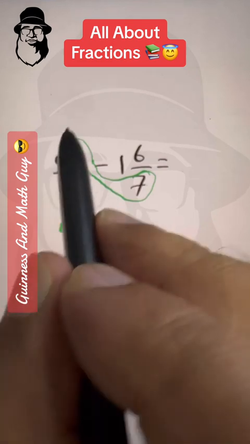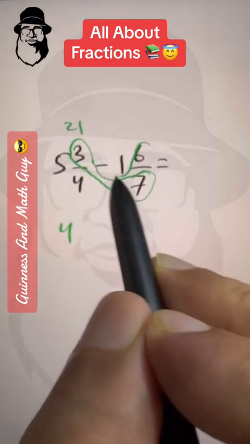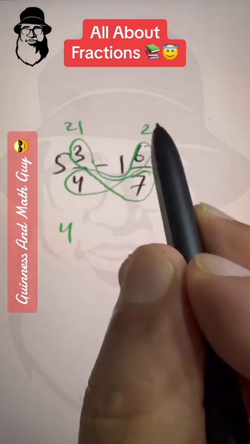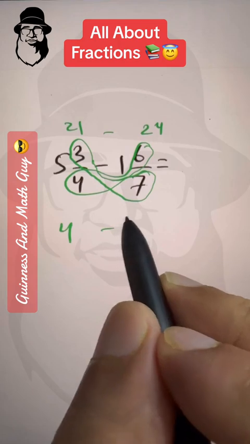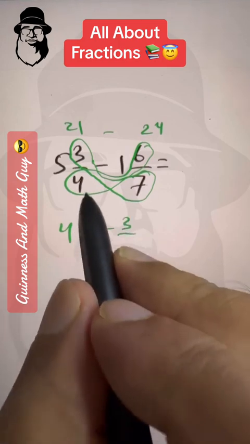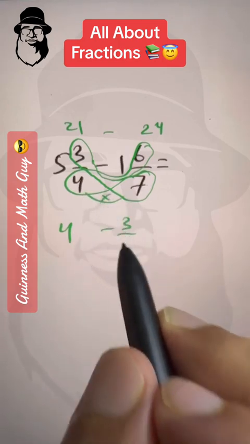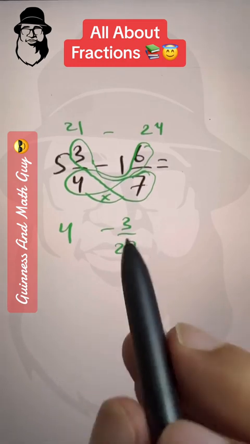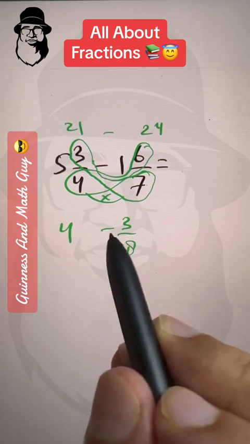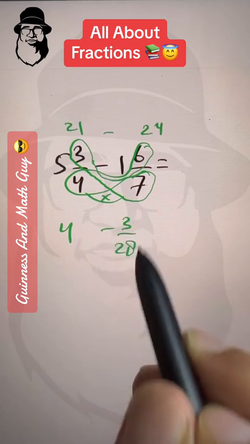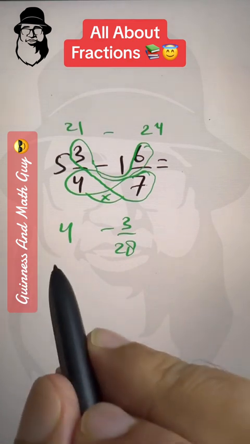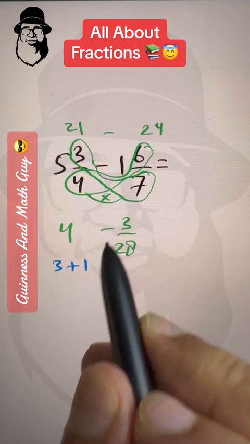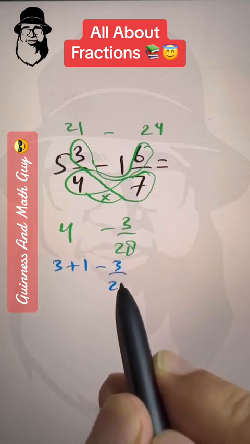So 3 times 7 is 21, and 6 times 4 is 24, and 21 minus 24 is negative 3. Then 4 times 7 is 28. Now we have 3 over 28, but it's a negative number. We still have to subtract this from this 4, and we know that this 4 is 3 plus 1, and we can write minus 3 over 28 like that.